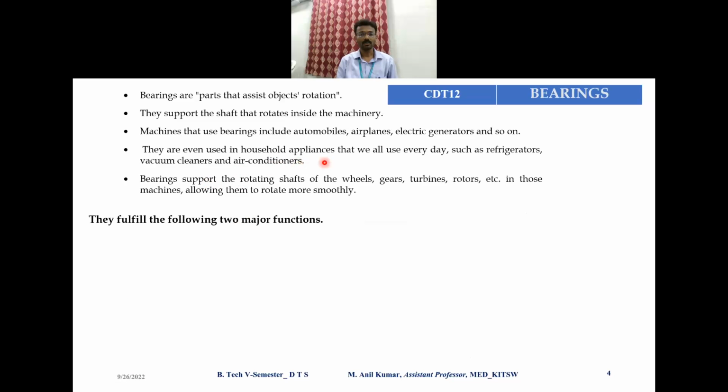They are even used in household applications like refrigerators, vacuum cleaners, and air conditioners. Dear students, bearings support the rotating shafts of wheels, gears, turbines, rotors, etc. in those machines, allowing them to rotate more smoothly.